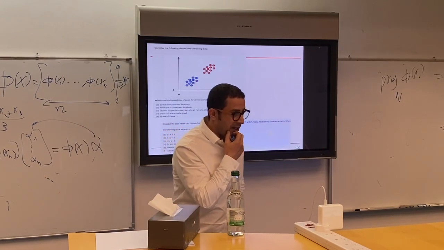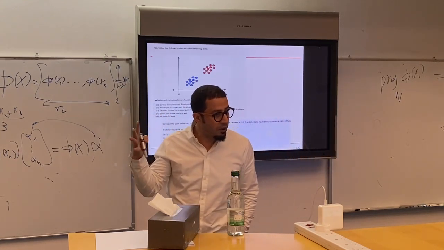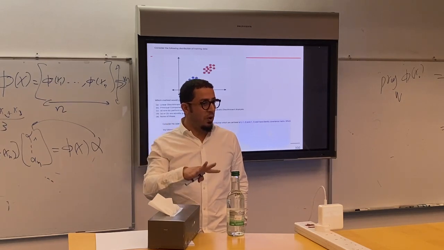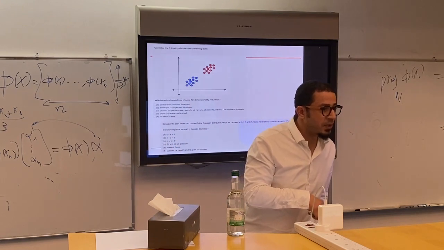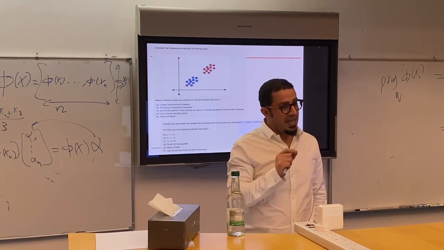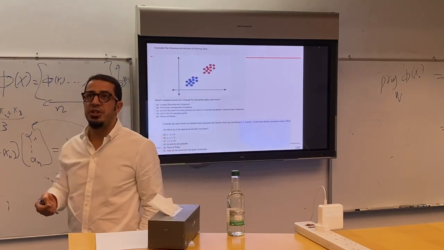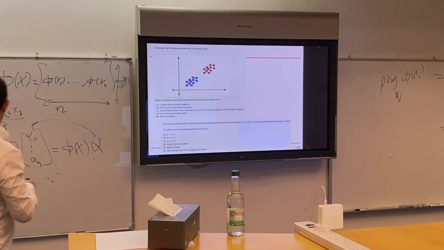Consider the case where two classes follow Gaussian distributions with the centers given as -1, 2 and 1, 4, and they have the same covariance. Which of the following is the separating decision boundary? The decision boundary. What does the decision boundary do? If you have data like this and data like this, how to separate between them?